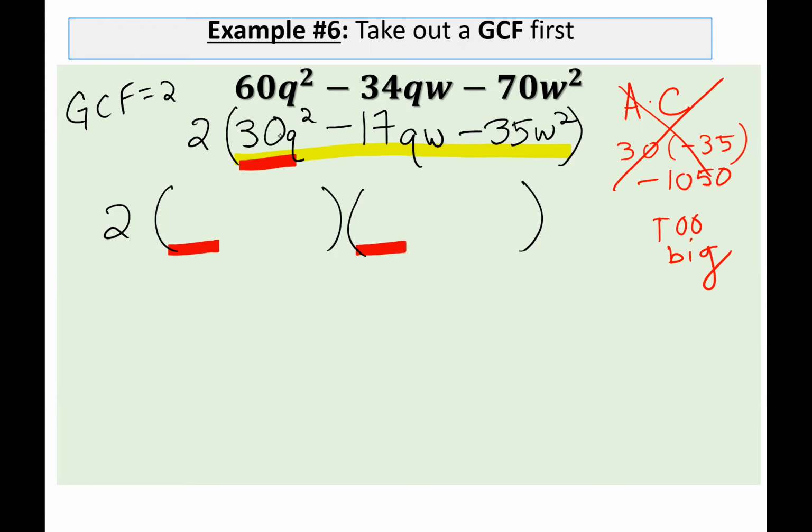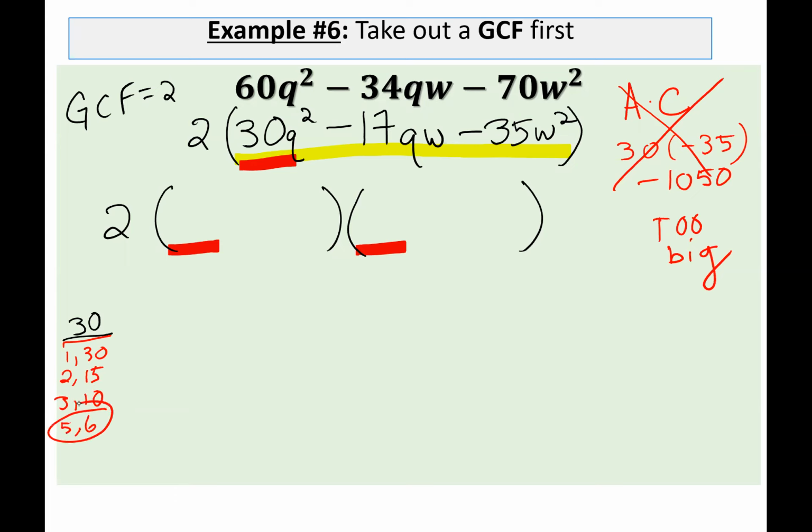So there's a lot of possibilities. I'm not going to start with 30q times 1q. If there are many possible factors that you could use, start with the ones that are close together. If I were to make a list of factors of 30, I would have 1 times 30. Here, I'll make the list over here. Factors of 30, this is just for my first term, by the way: 1 times 30, 2 times 15, 3 times 10, 5 times 6.